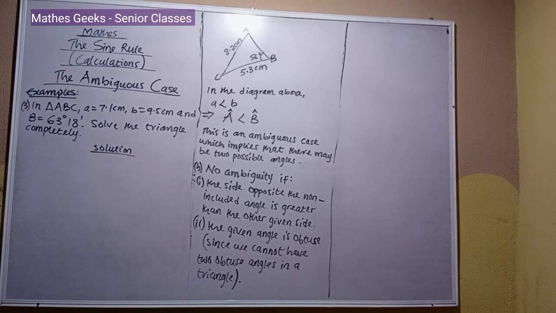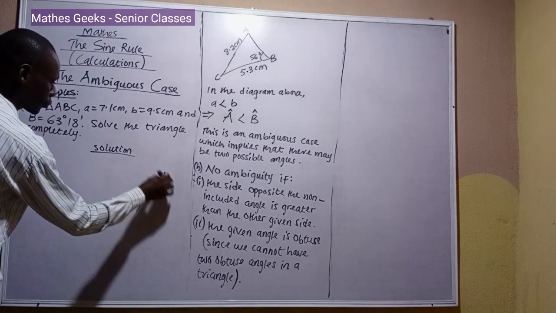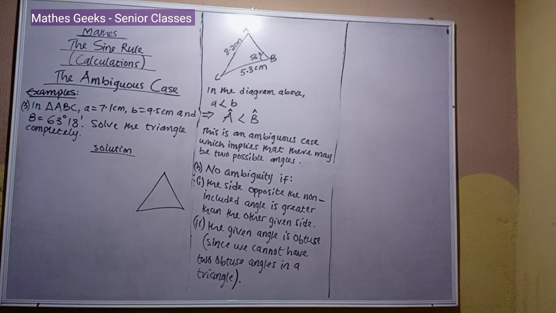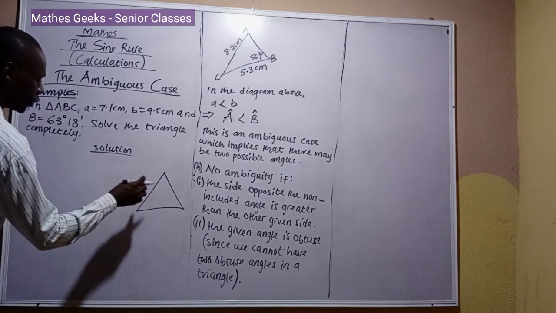In triangle ABC, a is 7.1 cm and b is 9.5 cm and B is 63 degrees 18 minutes.